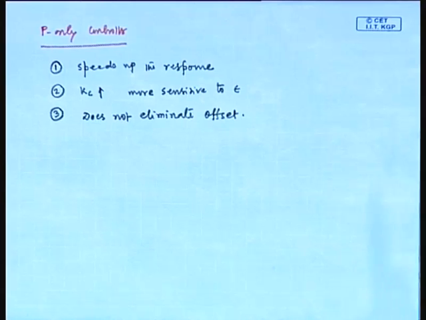The PI controller consists of proportional action and integral action. PI controller includes two control actions, those are proportional action and integral action.